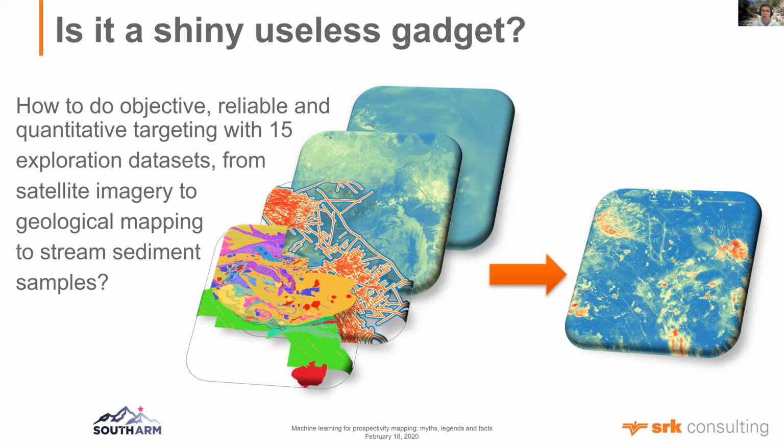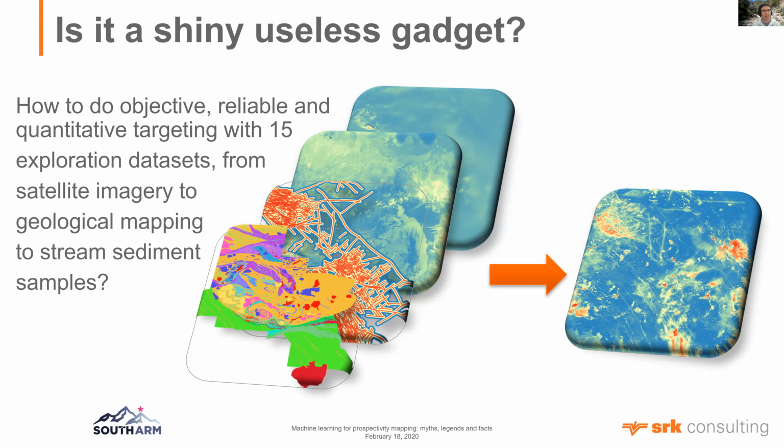A geologist, even with GIS software, won't be able to just look at all of these layers and make reliable targets. That's too many of them. When you want to integrate a lot of data together to have something reliable and quantitative, you need a mathematical model, you need prospectivity mapping, and machine learning is a good way to do this, even though others are available as well.